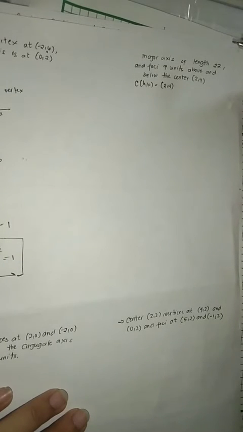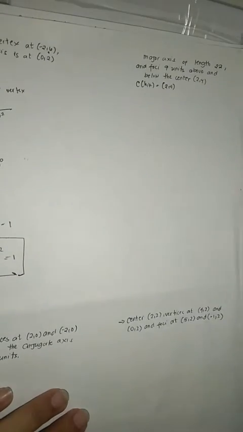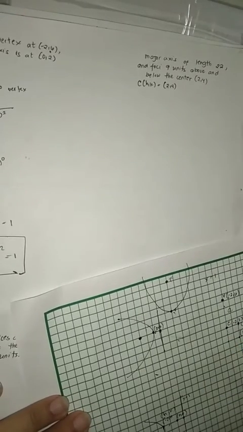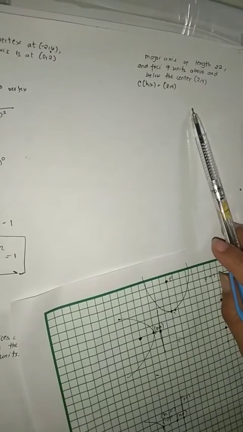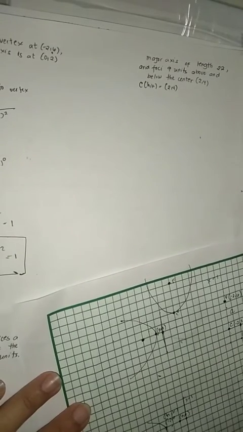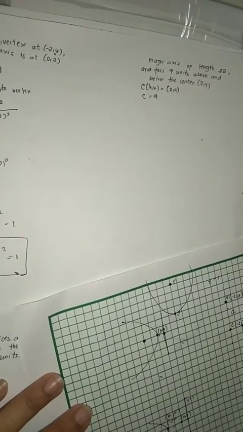Our foci, 9 units above and below the center. That is the focal distance. So that is C. C is equal to 9. C stands for the focal distance.